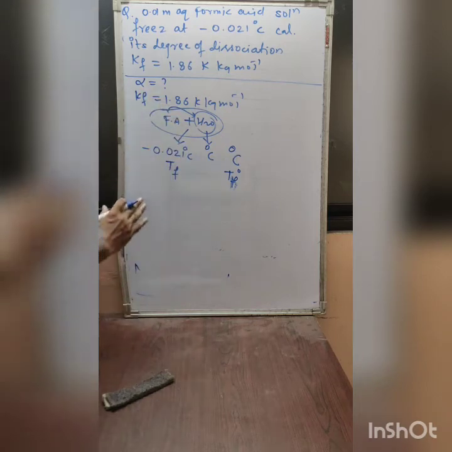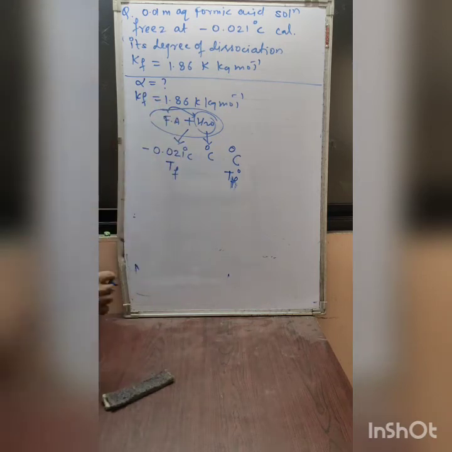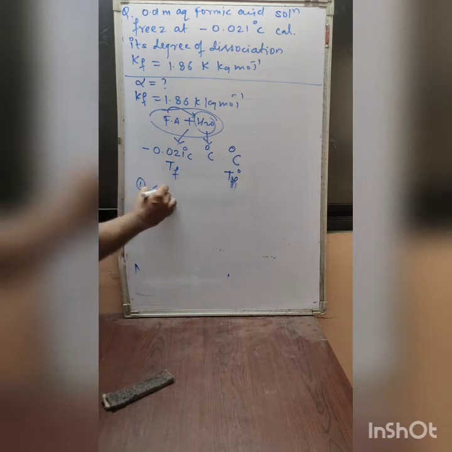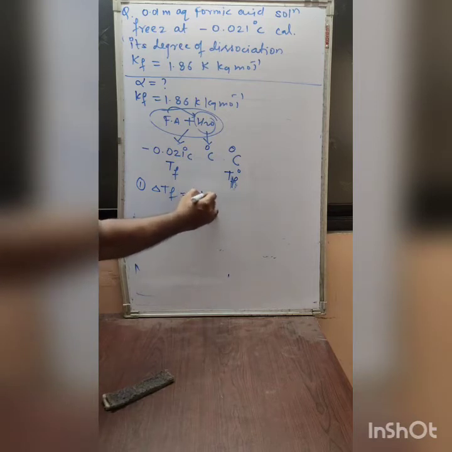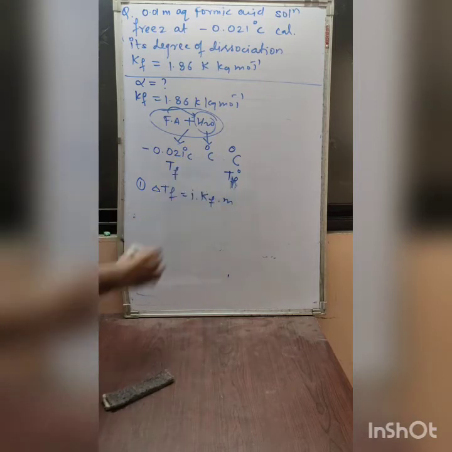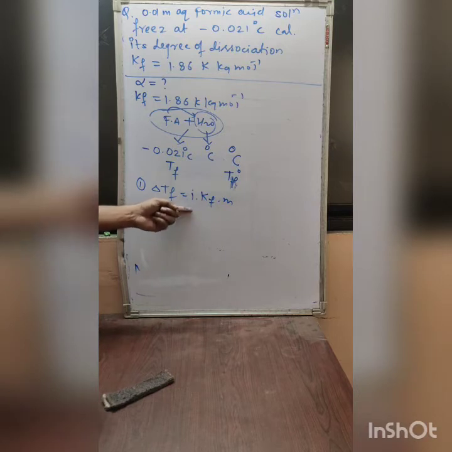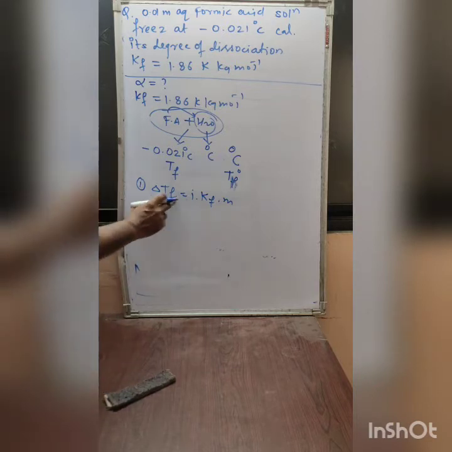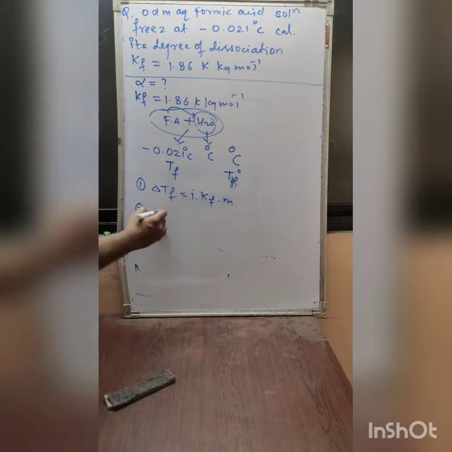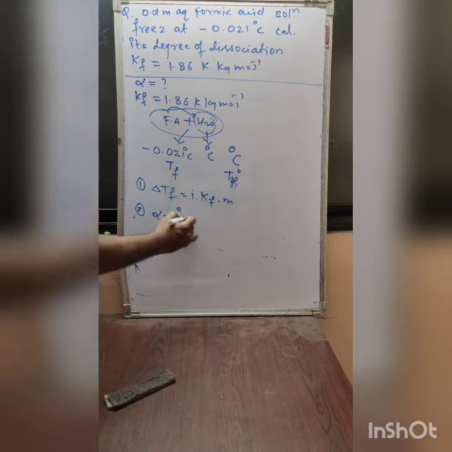The first formula we are going to use is delta TF is equal to I into Kf into m, because this is the modified formula for the depression of freezing point. We have to find I, called the van't Hoff factor. So first we will find I from here, and the second formula, which we already studied, is alpha is equal to I minus 1 upon n minus 1.